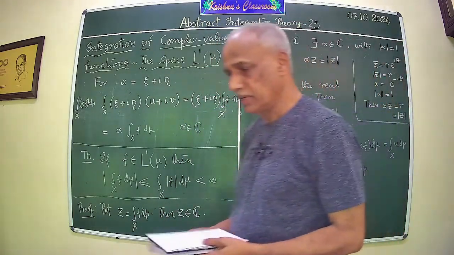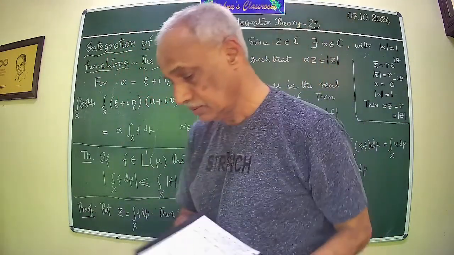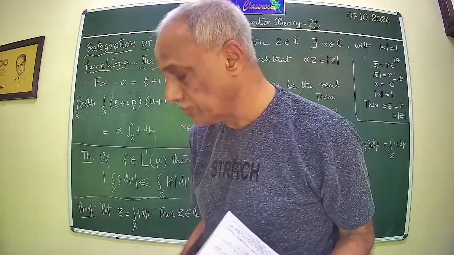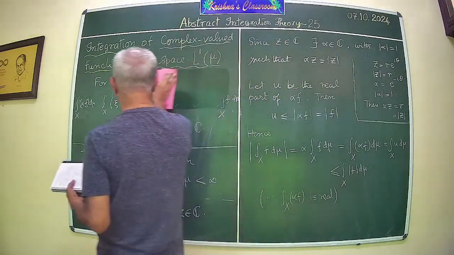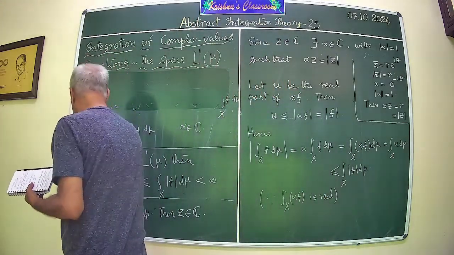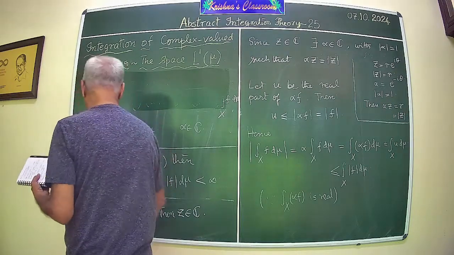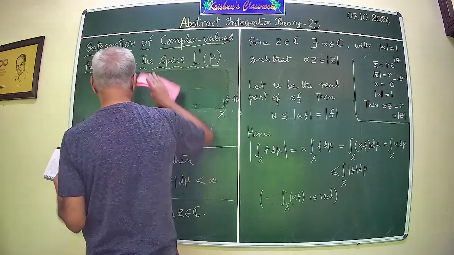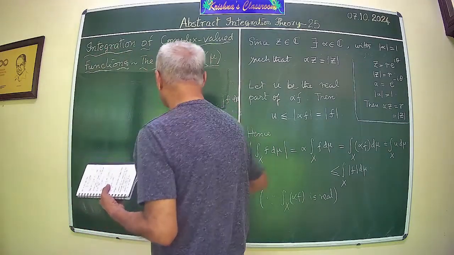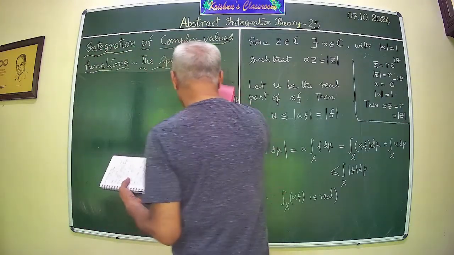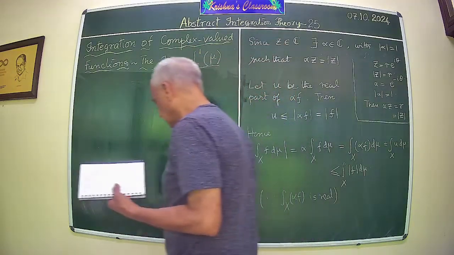Now we eventually prove the dominated convergence theorem. This is again of the type of result that we have earlier proved, namely we had monotone convergence. A similar result, but instead of monotonicity, now we are putting in a new condition, a different type of condition. Okay.